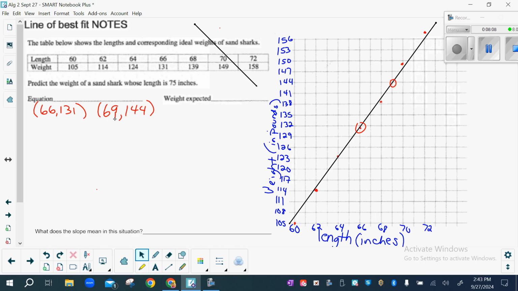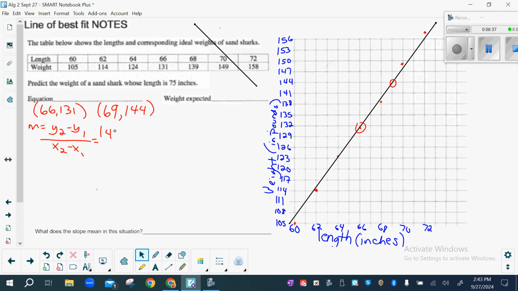So now when we write the equation of our line, what do we do next to find that equation of the line? It's the line of best fit. So we're going to find our slope first, just like what we've been doing before when we had 2 points. So we're going to find our slope. So y2 minus y1 over x2 minus x1.